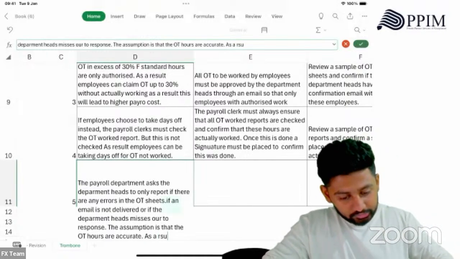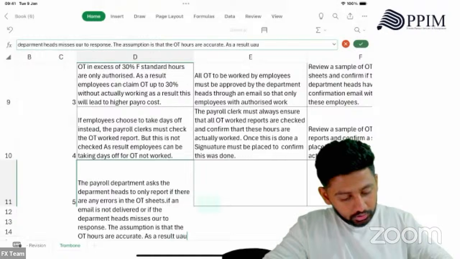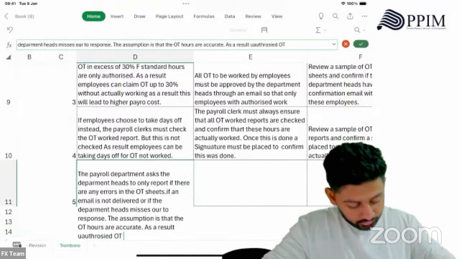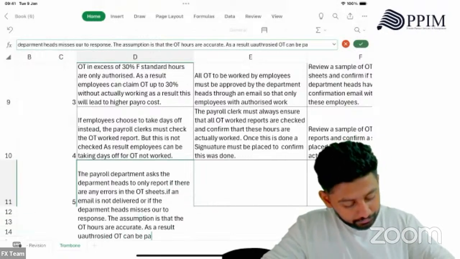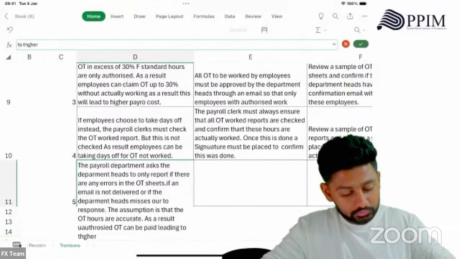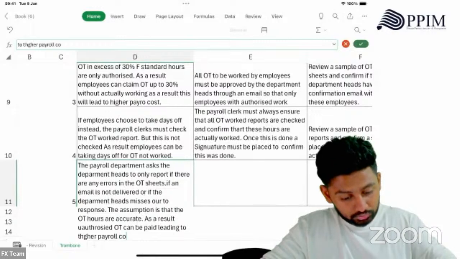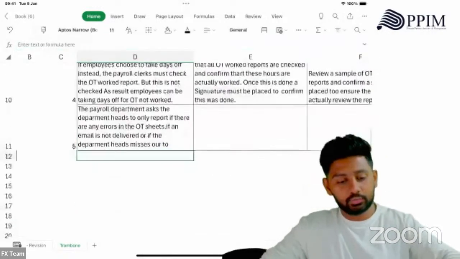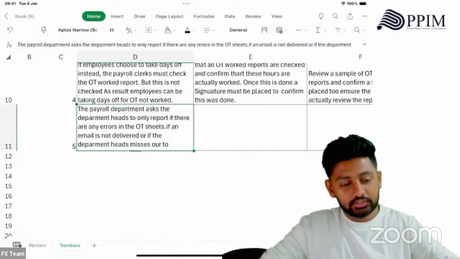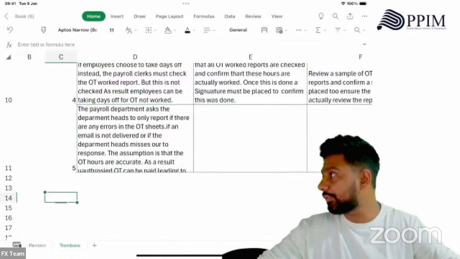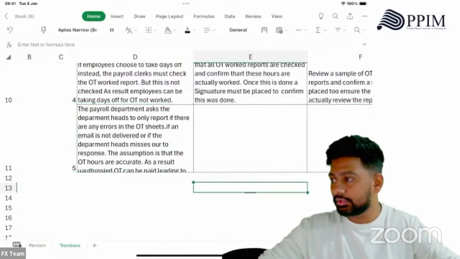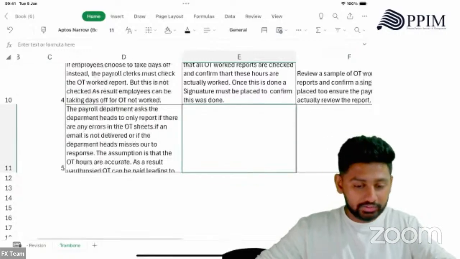As a result, unauthorized OT can be paid, leading to higher payroll costs. There you go. Guys, do you see the problem? What could be a control? What can be a control?